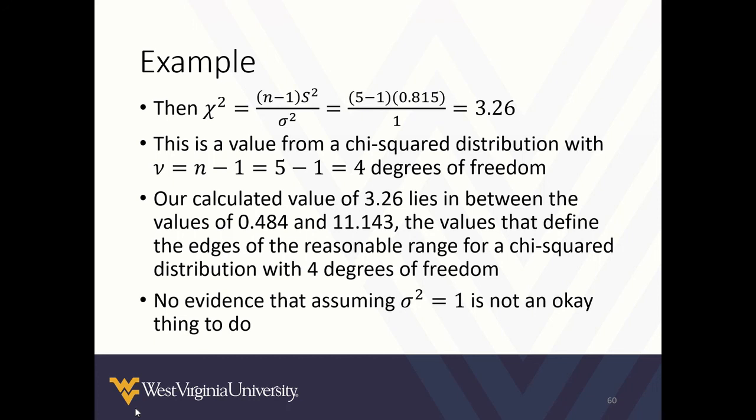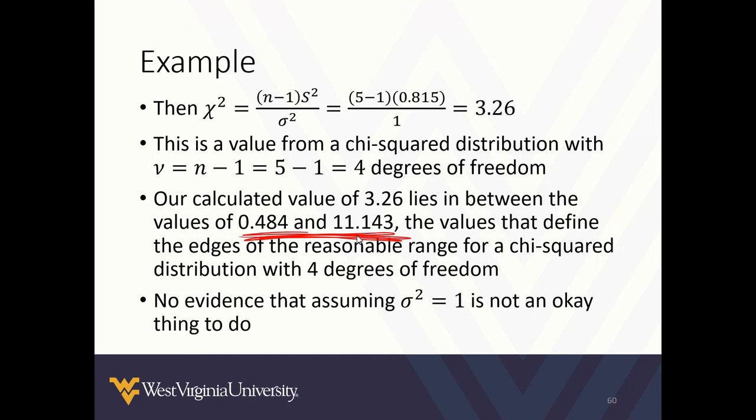And since our calculated value of 3.26 does in fact lie between the values of 0.484 and 11.143, which define the edge of our reasonable range for a chi-square distribution with 4 degrees of freedom, that would tell us that there is no evidence that assuming a population variance of 1 is not an okay thing to do.